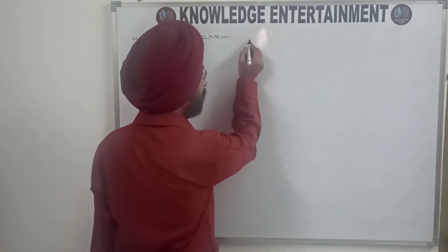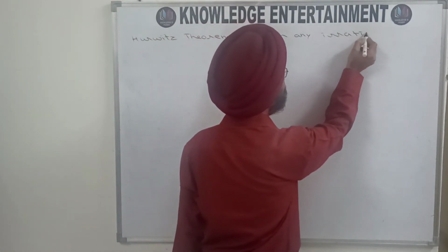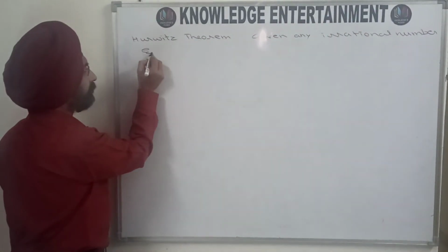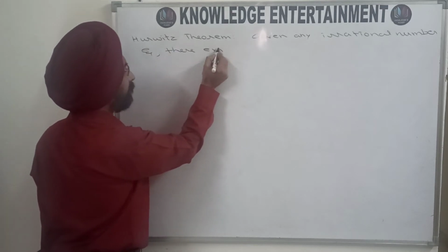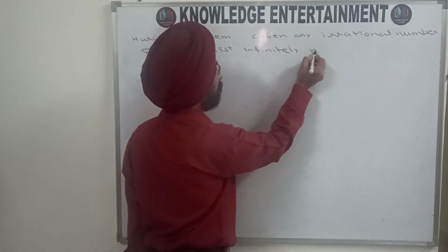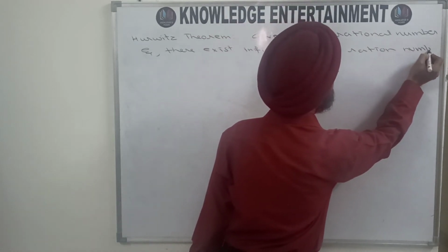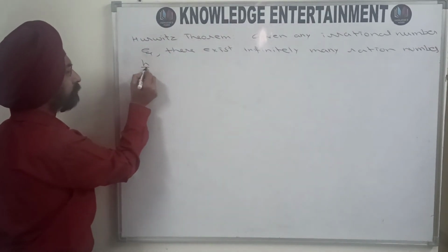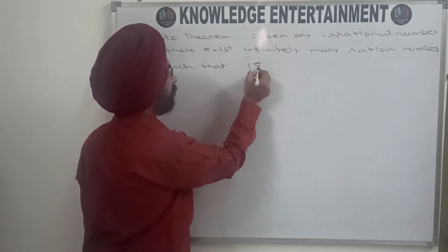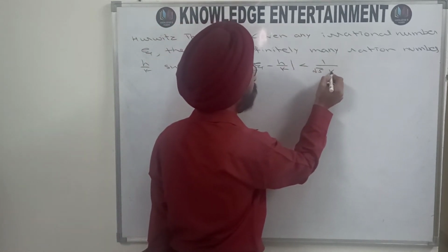This Hurwitz's theorem says that given any irrational number xi, there exist infinitely many rational numbers h by k such that mod of xi minus h by k is less than 1 upon root 5 k square.